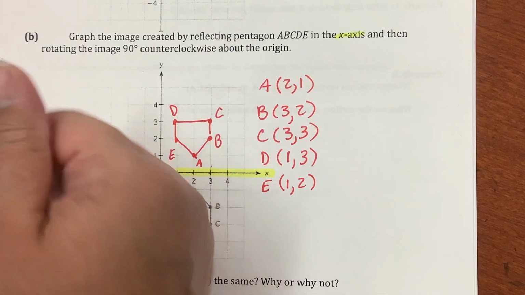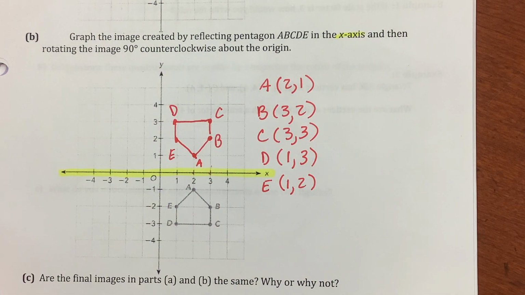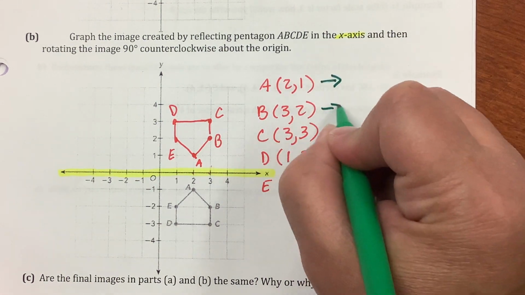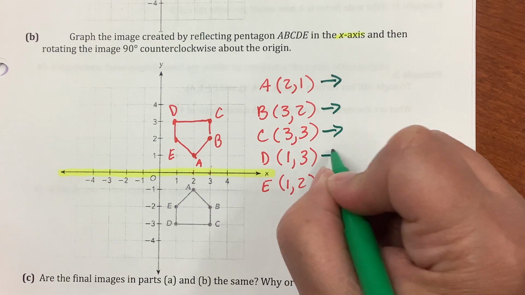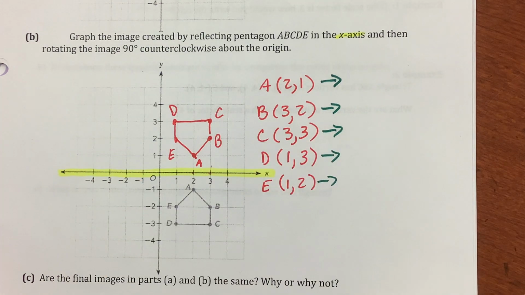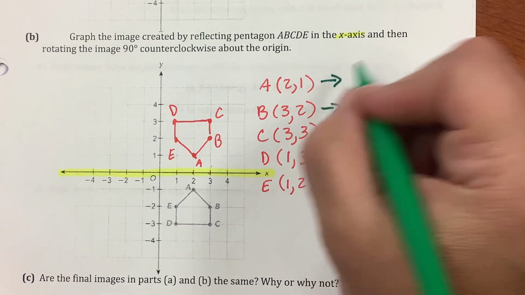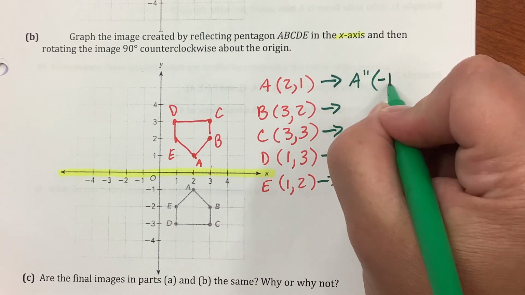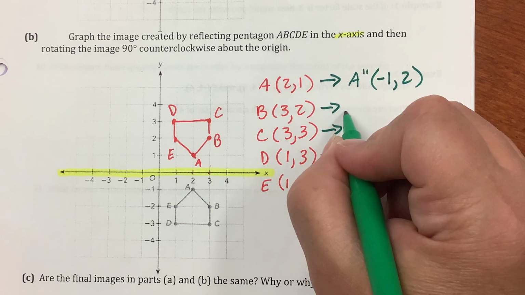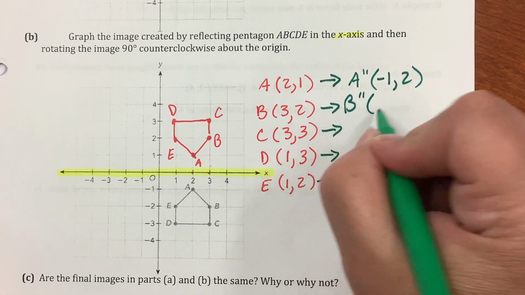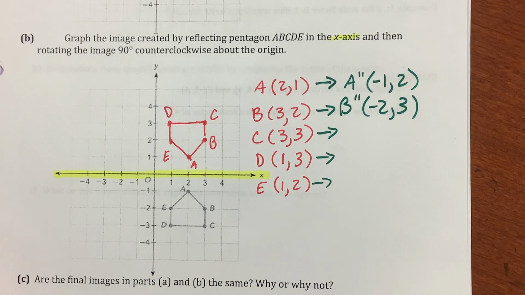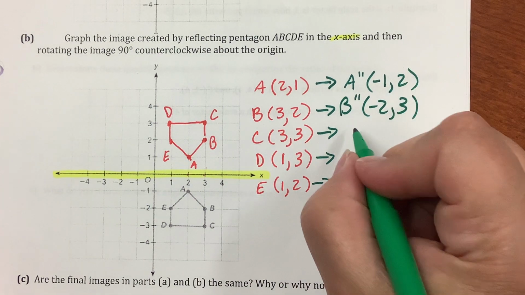Now, to rotate that 90 degrees, I just realized I did not put a single prime on there. Give me a minute, I'll get back to it, but switch them and get (-1, 2), (-2, 3). Remember, you have to switch them and negate the y.